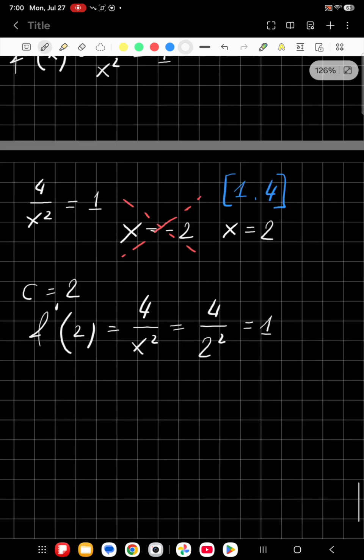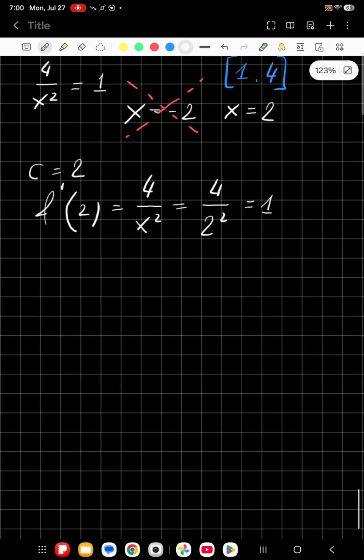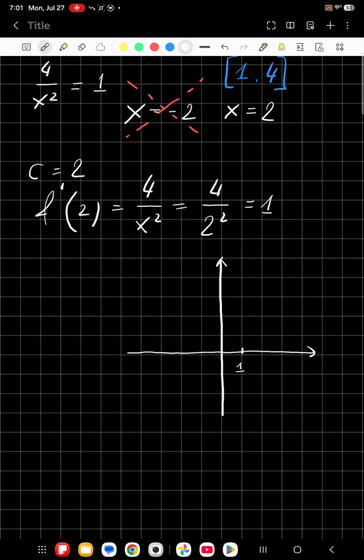Let me graph it. All right, so we have some curve. We don't really know what that curve looks like, but the interval we're interested in is from 1 to 4.